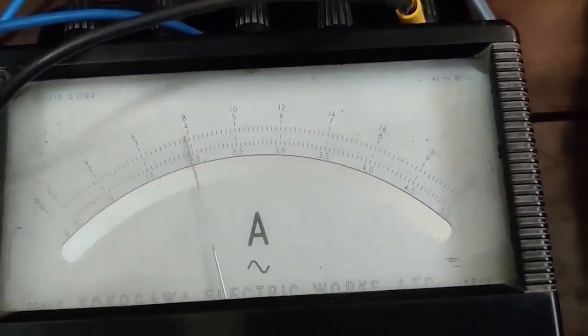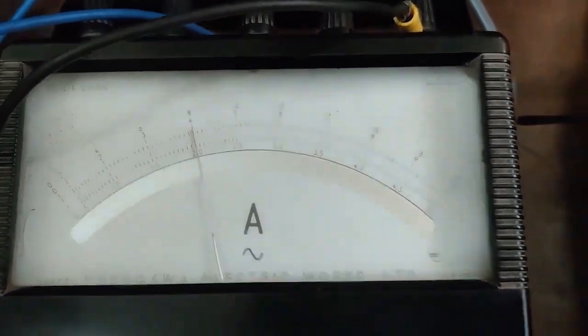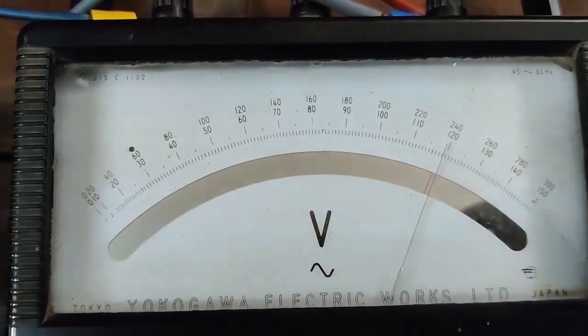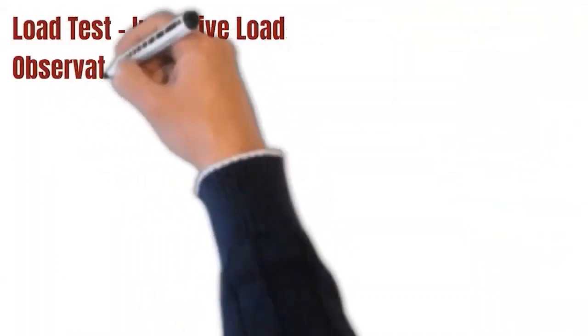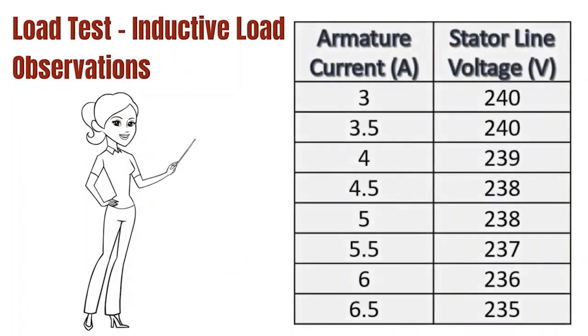Likewise, increase the current value in 0.5 ampere steps by varying the inductance and take the voltmeter readings. These are the values obtained practically for the inductive load test.